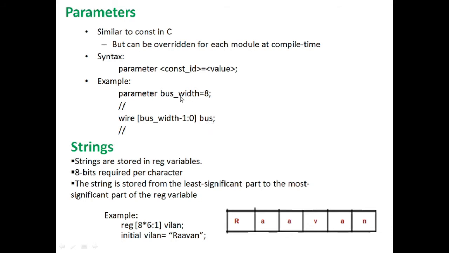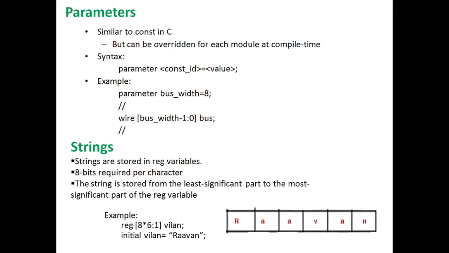Because bus_width, which is acting as a constant, has a value, and this value is getting substituted here. So wire [7:0] bus is what the compiler will understand. That means parameter bus_width = 8 has to be exclusively defined inside or outside of your module. So this is about module.